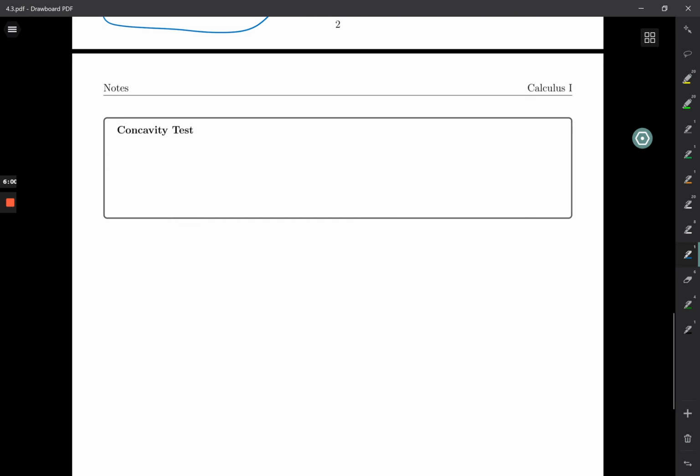And so this is saying that if the second derivative is greater than 0 on an interval, then f is concave up on that interval.